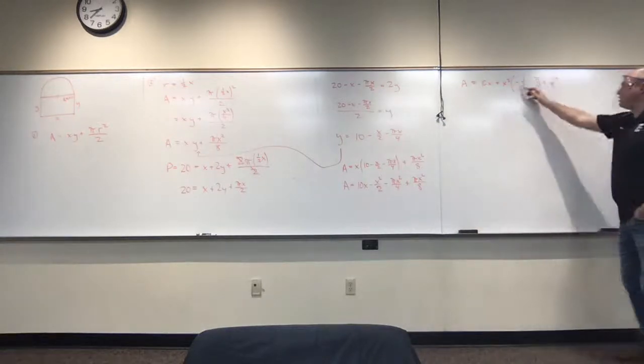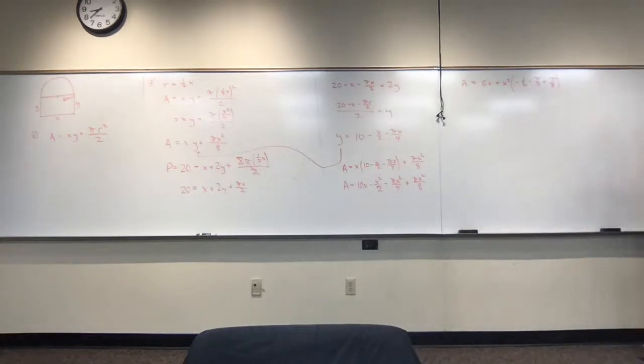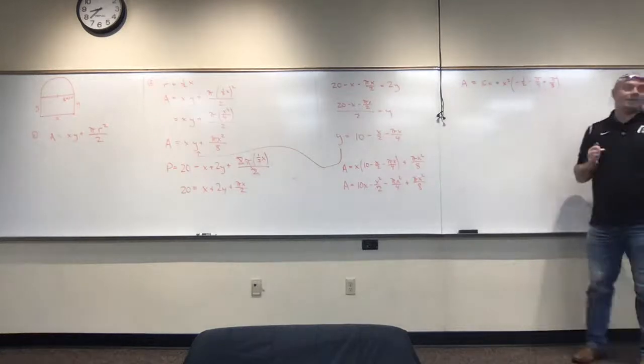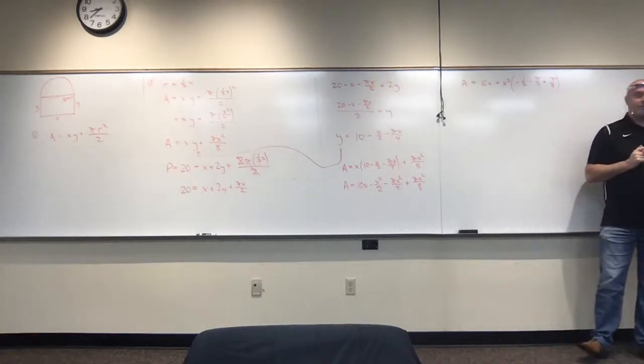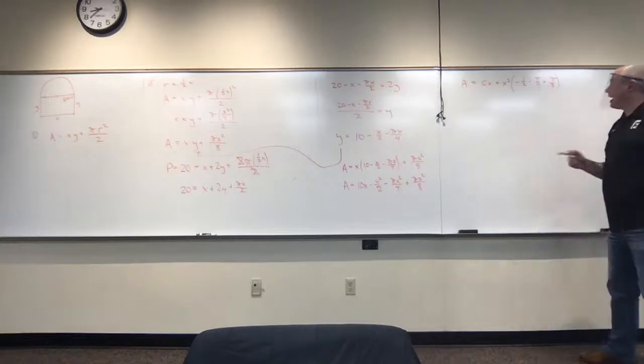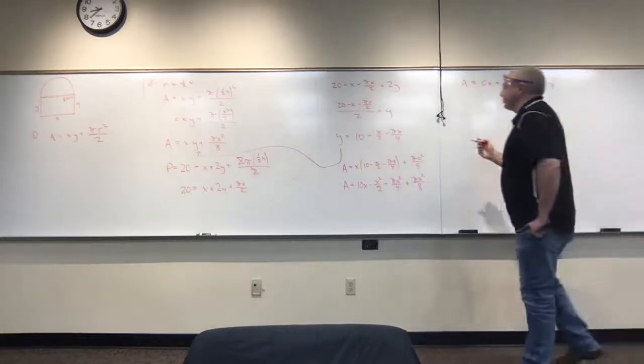Okay. And if you wanted to simplify that even more, you could, but this is pretty nice for taking the derivative. Okay, so now I'm ready to take the derivative of this thing.